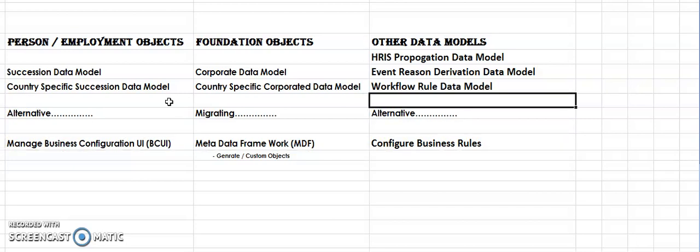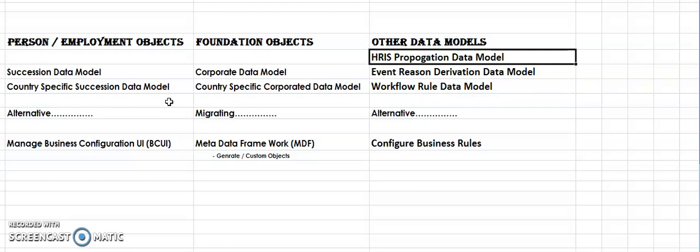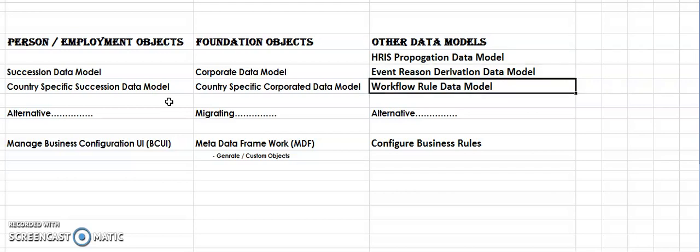Similarly, we have other data models: the HRIS propagation data model, event reason derivation data model, and workflow rule data model. So in Employee Central we have 7 data models.